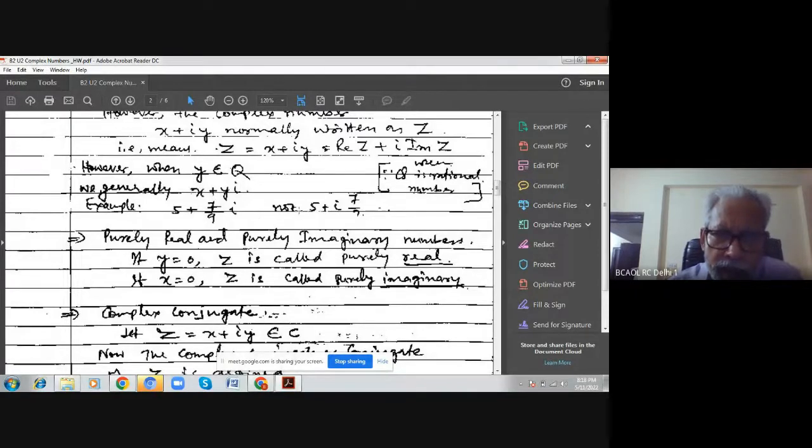The correct formation is this one. Iota should come after, not before. So keep this in note at the time of the exam: when you write the imaginary part, the iota should come after. This is the way we have to write it. So generally x plus y iota.